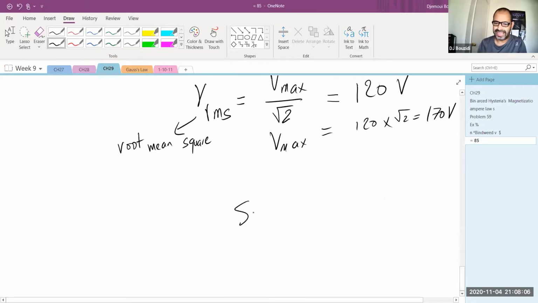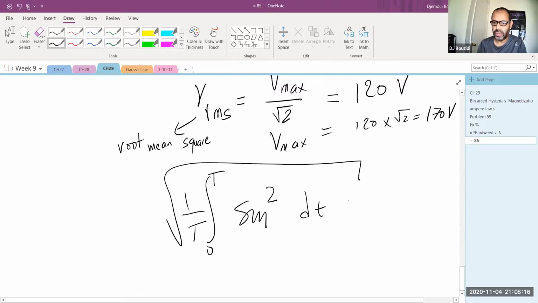So what you do, you take the sine and you square it, and you take the mean, which is just the integration. That is what the mean is, and you take the root. So it's the root, mean, square. Okay, so that's why they call it the RMS. So when you read about the RMS, this is exactly what it is. It's telling you what to do, and that is how you find the effective voltage.